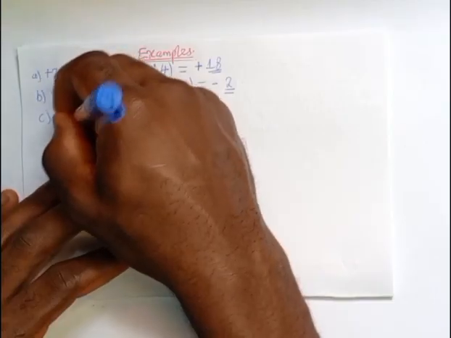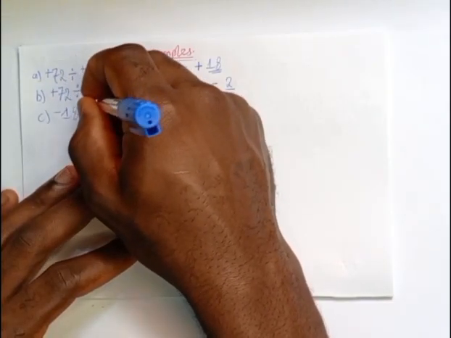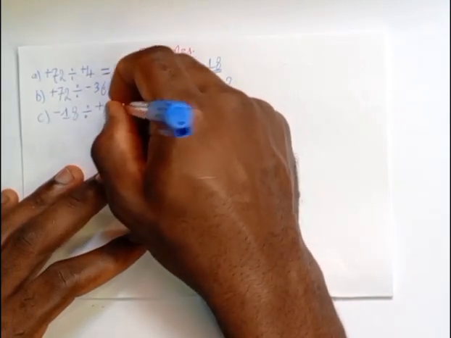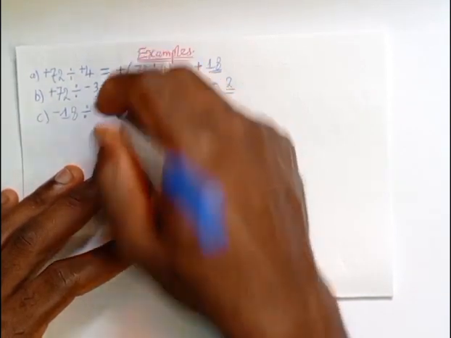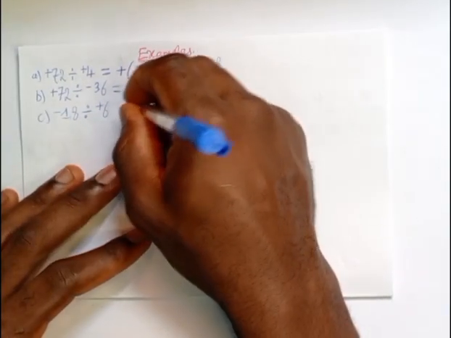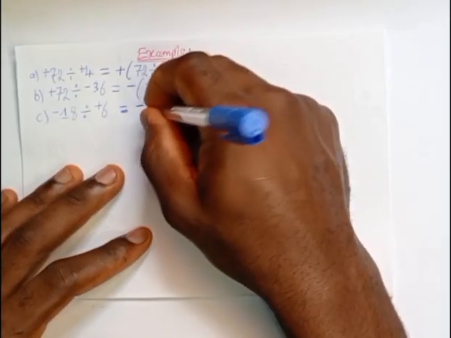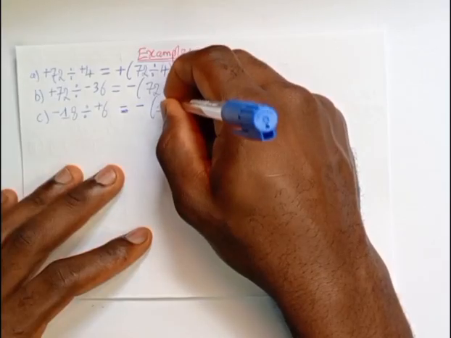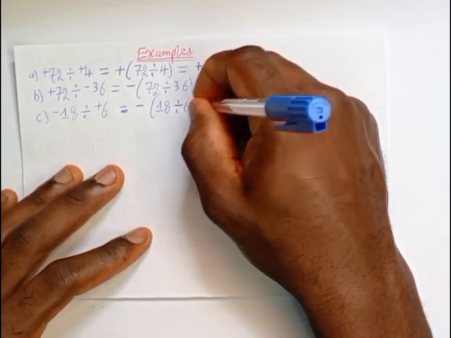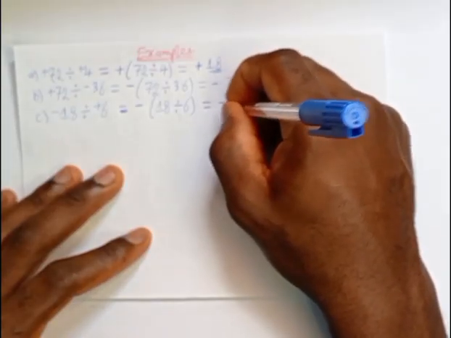We go to C. For C, we have to divide negative 18 by positive 6. This will simply be equal to, we are dividing the negative number by positive number according to the sign rule. The resulting sign will be negative. Then we divide the absolute values, 18 divided by 6. This will simply be equal to negative 3.